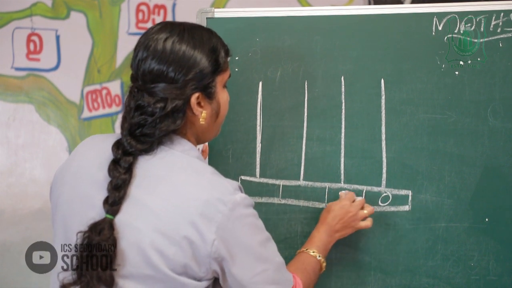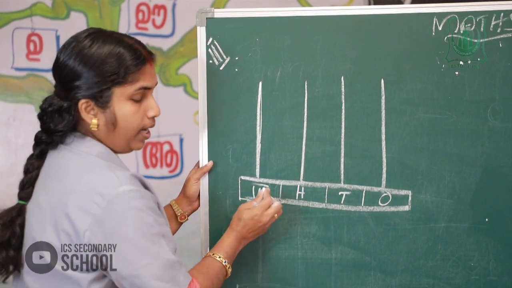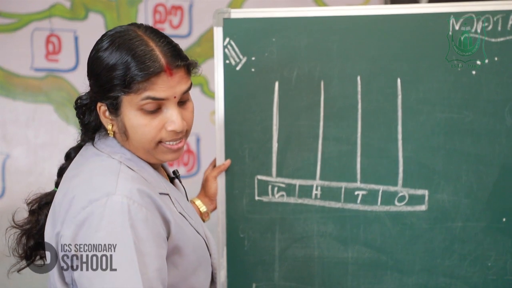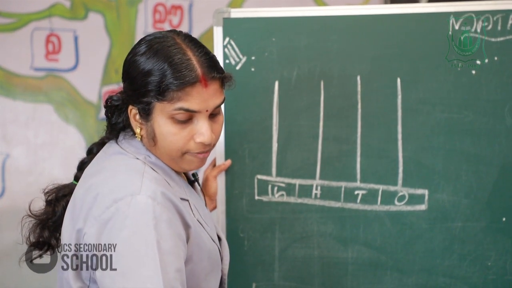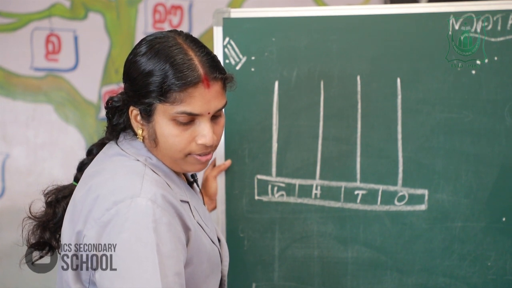One place, 10 place, 100 place and 1000 place. Okay, next number 2. Question number 2, please. How many beads are in red? 1 place: 1, 2, 3, 4, 5, 6 beads.